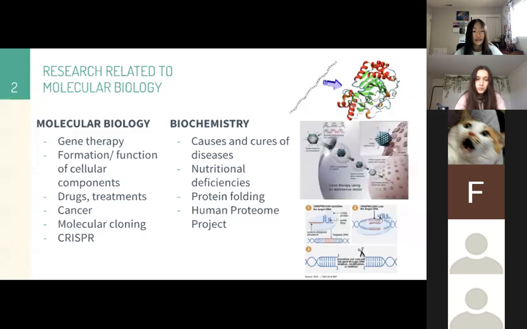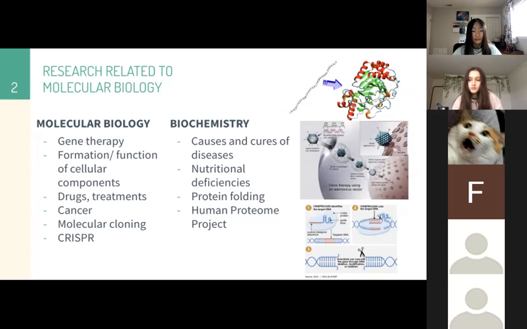Okay, so first, we're going to go over the fields of research related to molecular biology. Molecular biology consists of gene therapy, which is basically altering genes for therapeutic functions, the formation and function of cellular components, drugs and treatments, cancer, and molecular cloning and CRISPR.